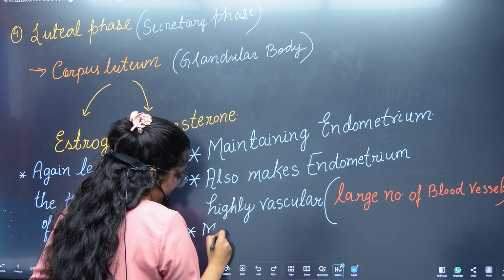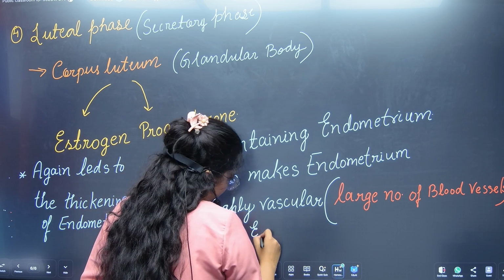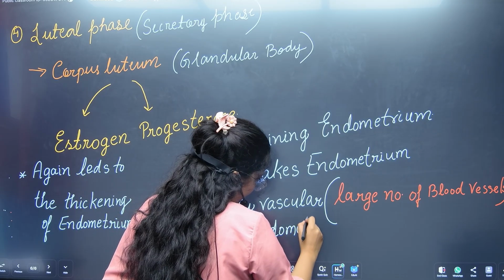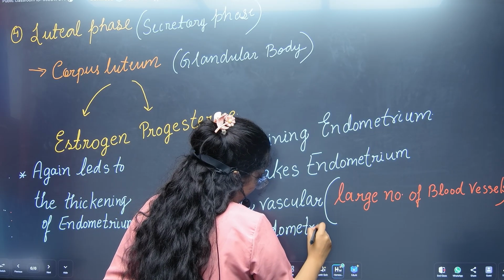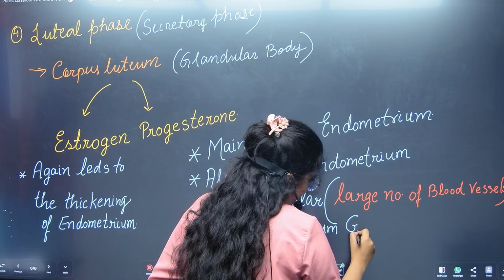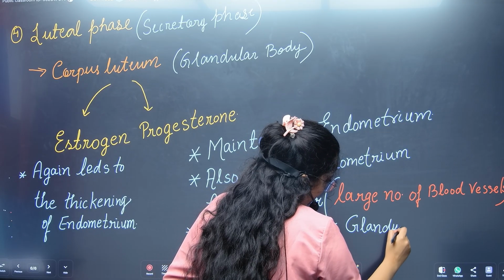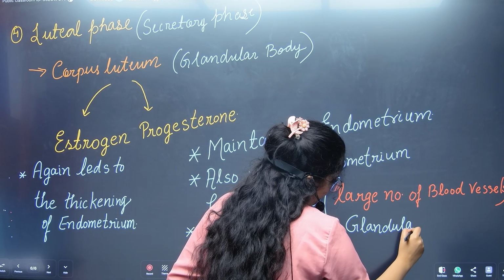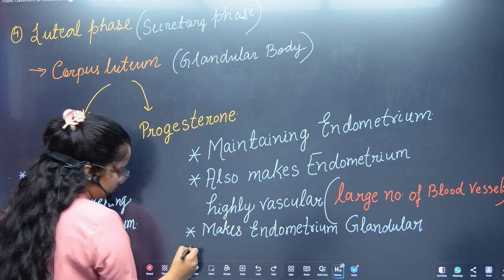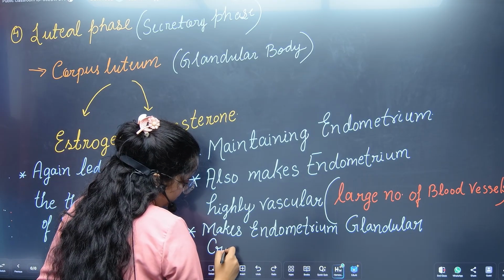It makes the endometrium glandular, due to the formation of glands. And one more role is there: it creates a thermogenic effect in females.